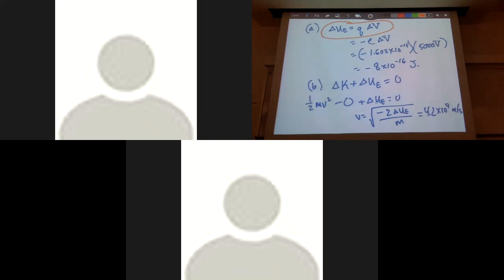So this is a true statement regardless of the type of electric field that I have. So basically all we're doing here is swapping out one potential energy for another potential energy, and then doing conservation of energy. Okay. So the next question is, how is the potential related to the electric field?